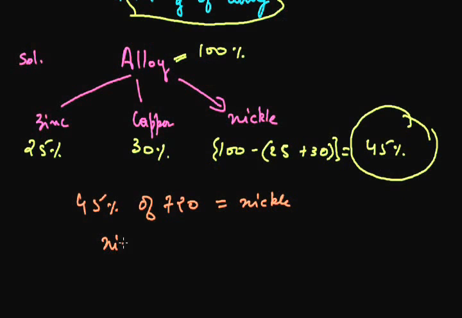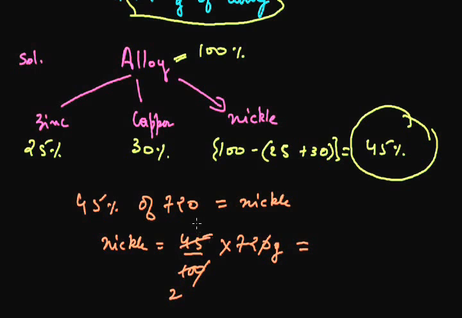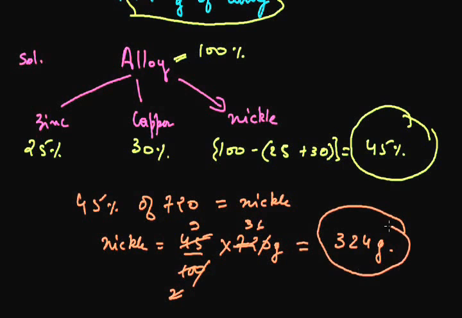So nickel will be 45 upon 100 into 720 grams. 0 will cancel by 0, then we can cancel by 5 two times and by 9 times. It will get cancelled by 36 times, and 36 into 9 will be equal to 324 grams. So the nickel is 324 grams.